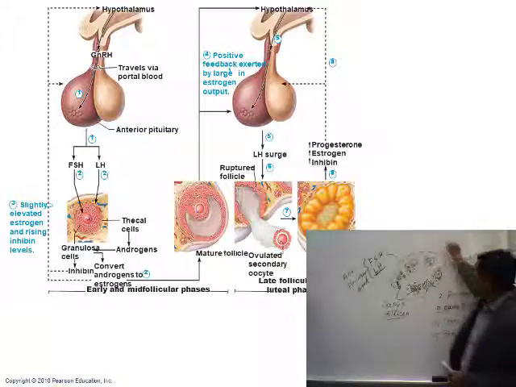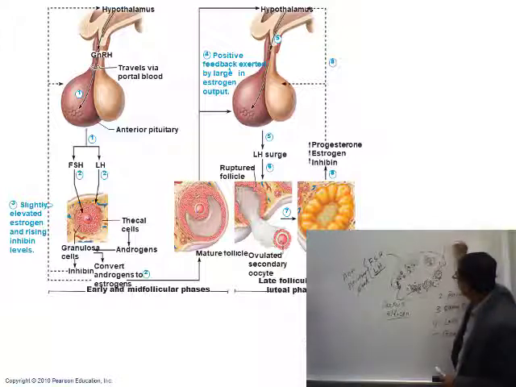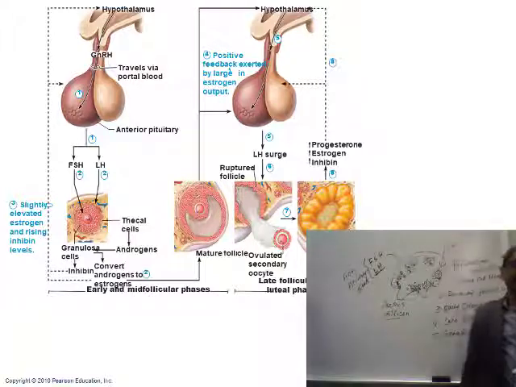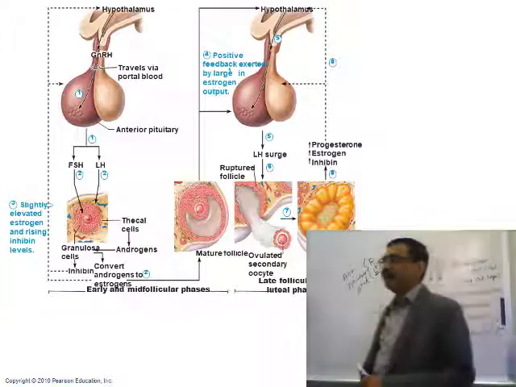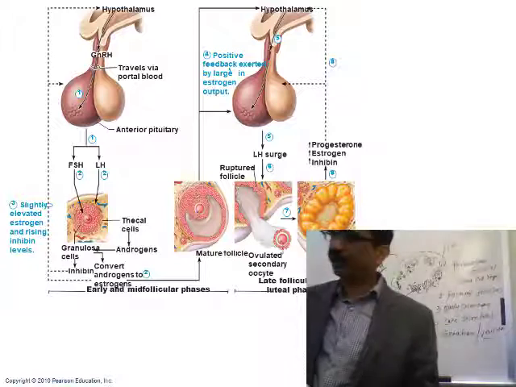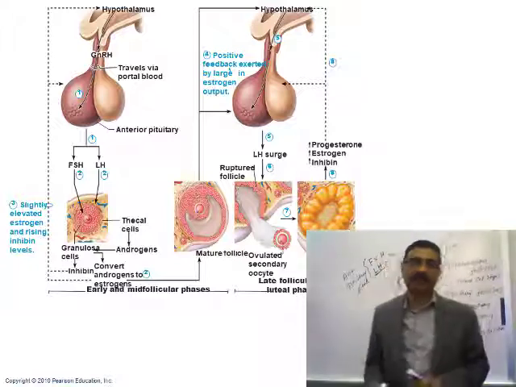So when plenty of luteinizing hormone is suddenly released from the pituitary, what happens? The Graafian follicle ruptures and releases the egg. Ovulation occurs. So luteinizing hormone is responsible for ovulation or rupture of the Graafian follicle.